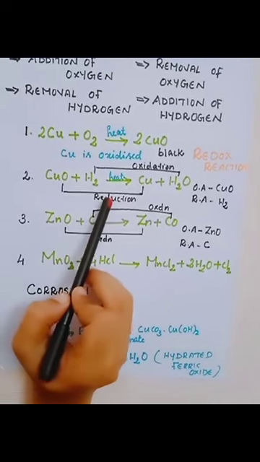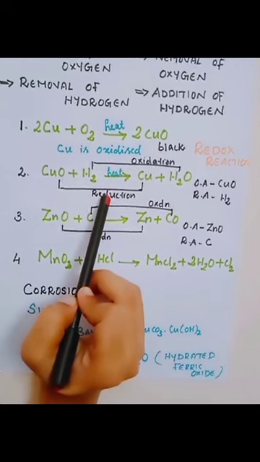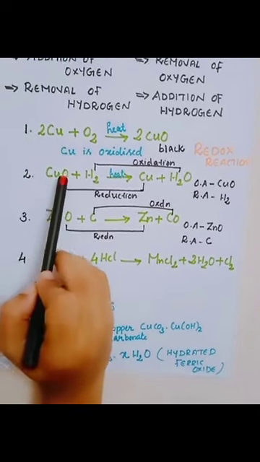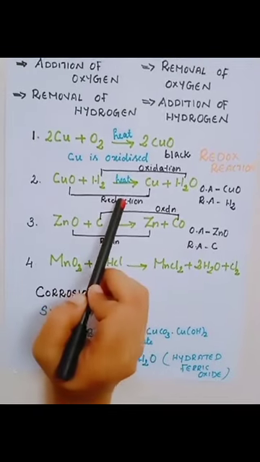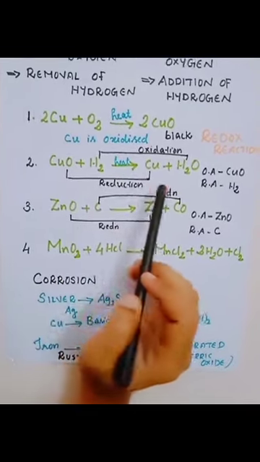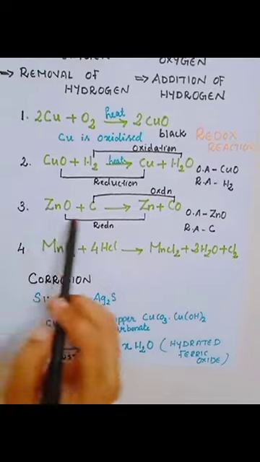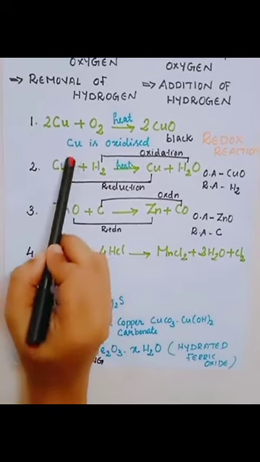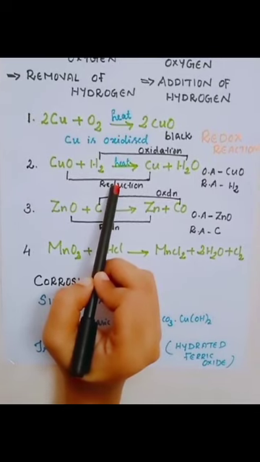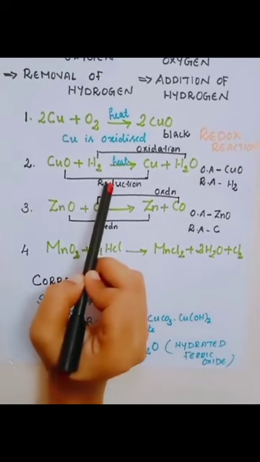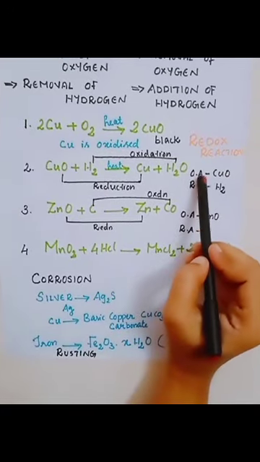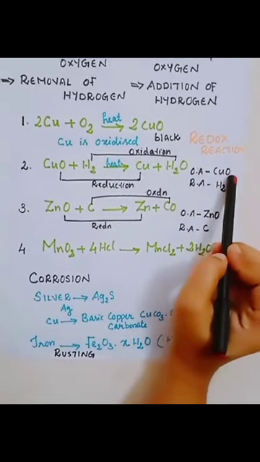The compound or element undergoing reduction is called the oxidizing agent. Therefore, the oxidizing agent in this equation is copper oxide.